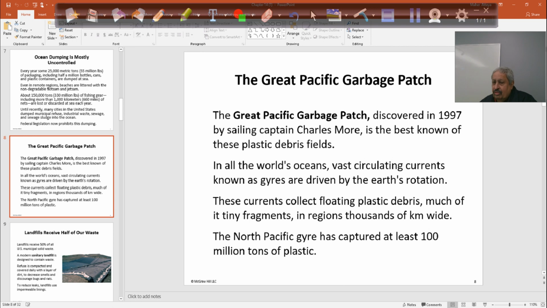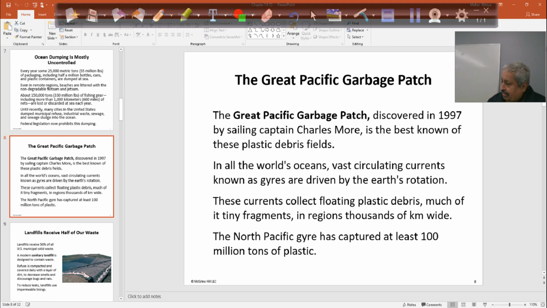In all the world's oceans, vast circulation currents known as gyres are driven by Earth's rotation. Those currents collect floating plastic debris, much of it tiny fragments, in regions thousands of kilometers wide. So you can see all that waste dumped inside the ocean will not stay in one spot.